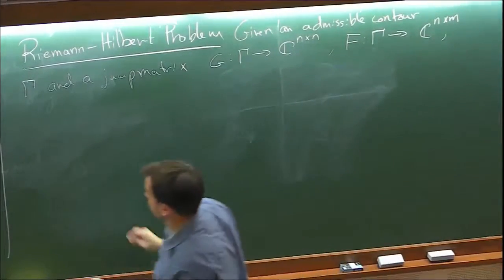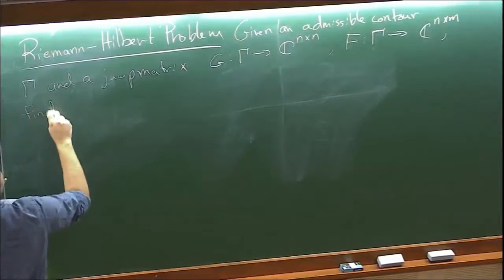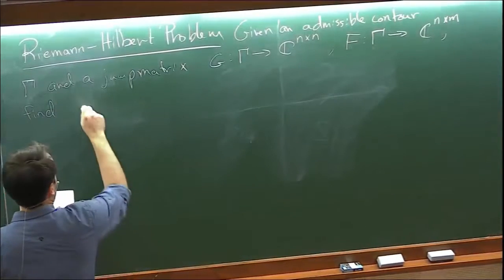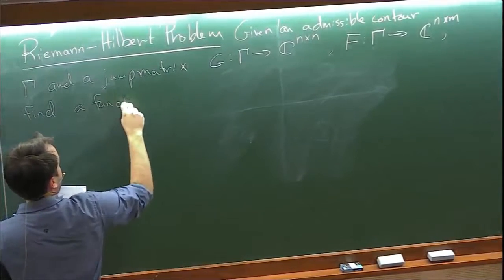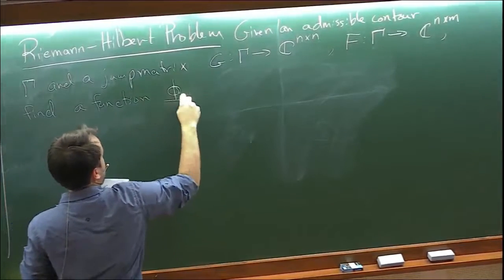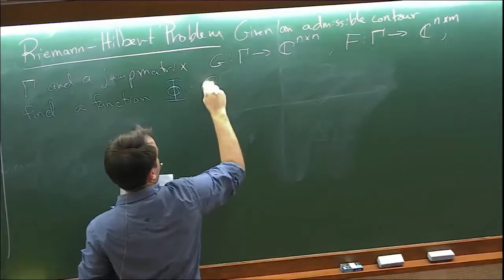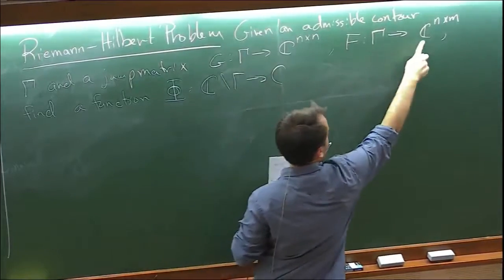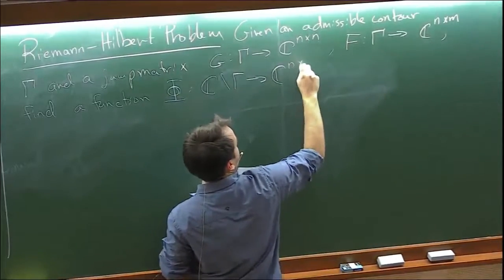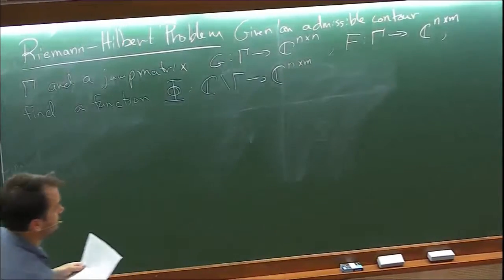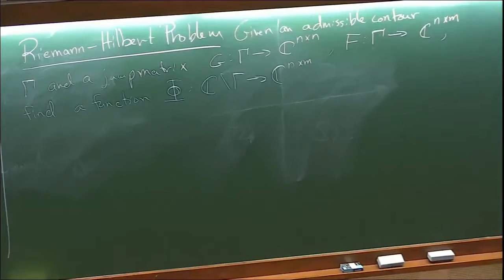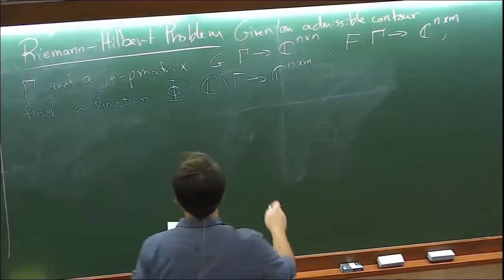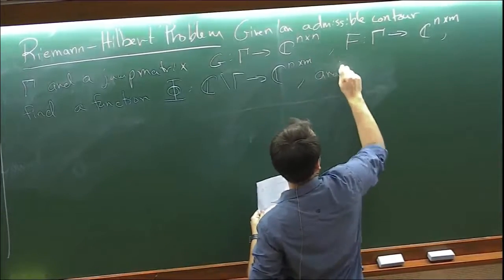And then the problem is to find a function phi, which takes C minus gamma to C, with the same dimensions as F, analytic.